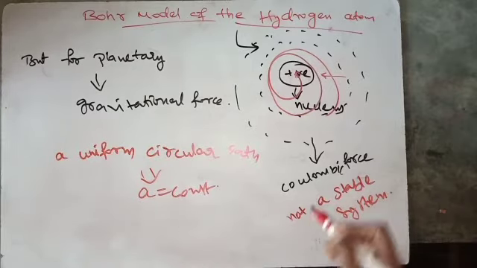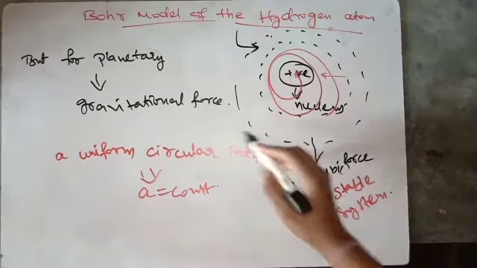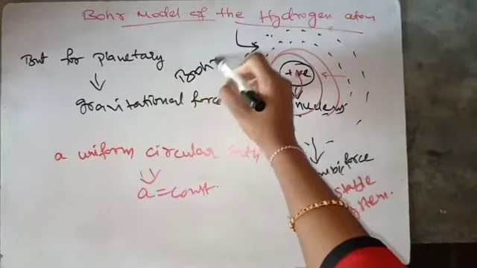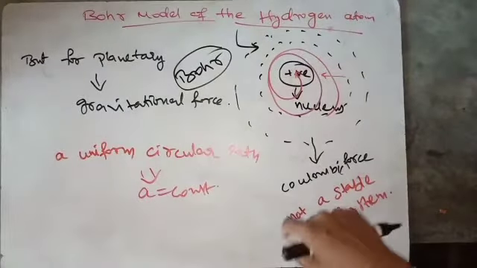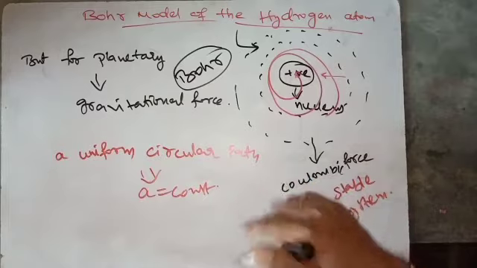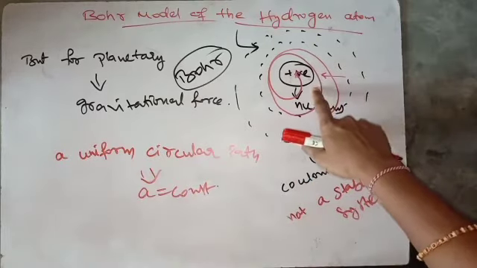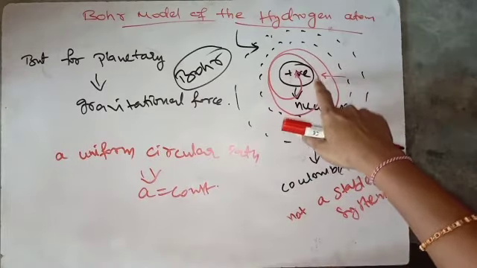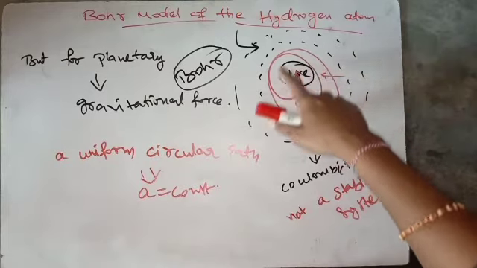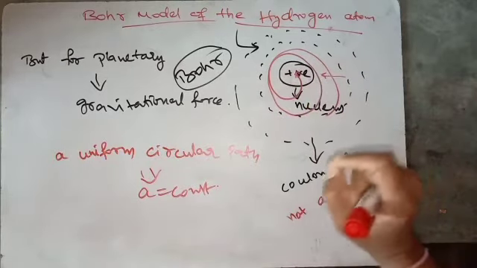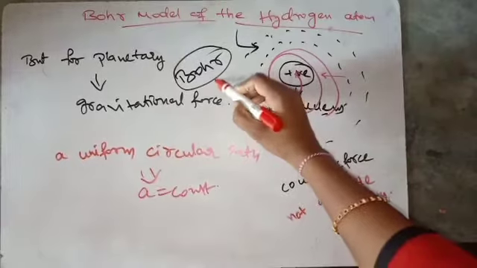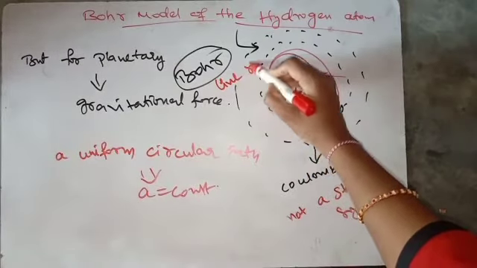Bohr, a scientist, found from his experiments that the electrons revolving around this nucleus in their respective orbits emit a line spectrum.